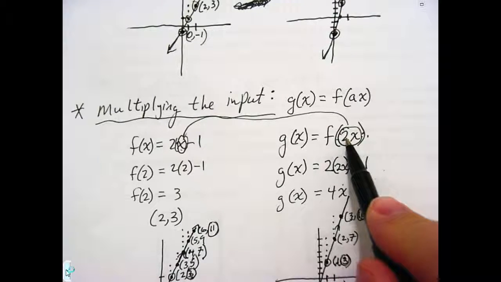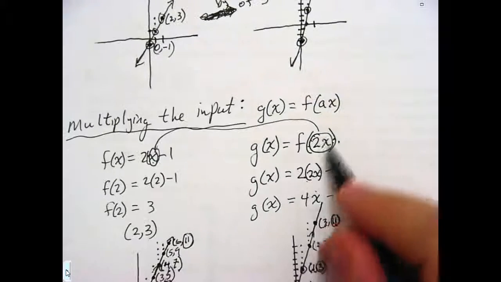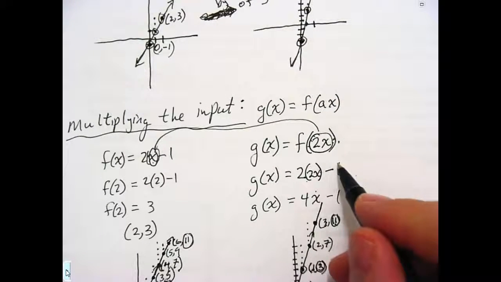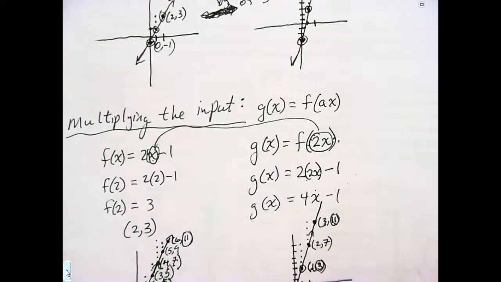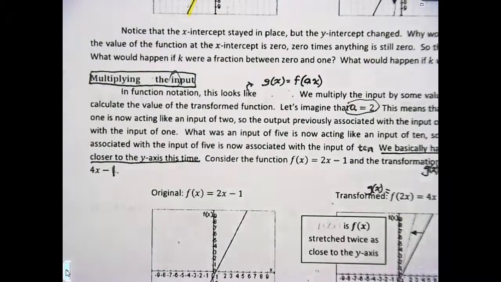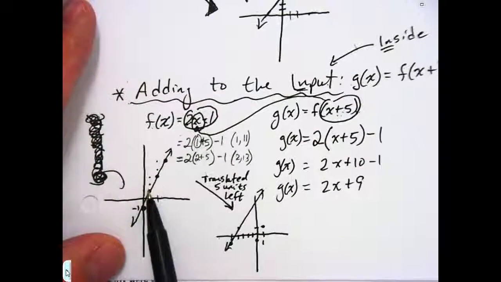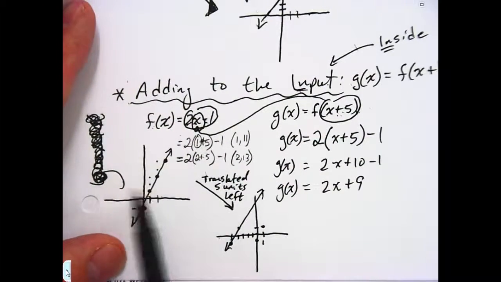Okay, well, how does that work since we have this is 2? Okay, remember yesterday I talked about everything being backwards in the parentheses? Right? When we added, we actually went backwards. You guys recall that? So we look back to our notes yesterday when we added to the input. Rather than shifting to the right, we shifted to the left when we added.